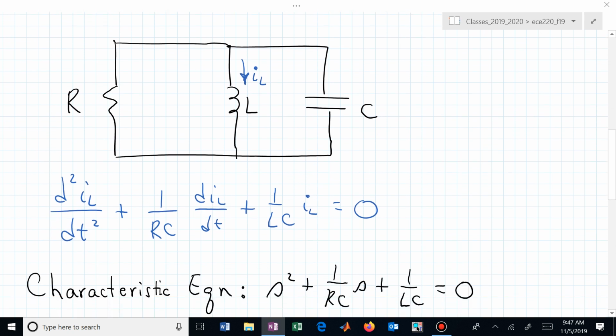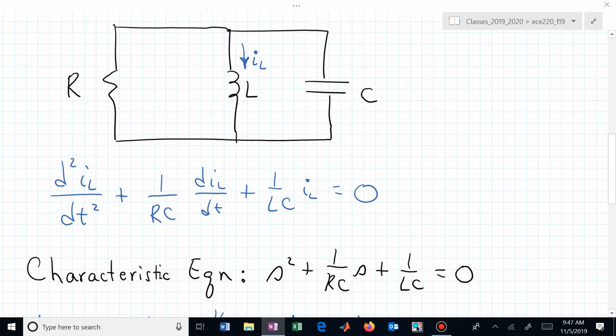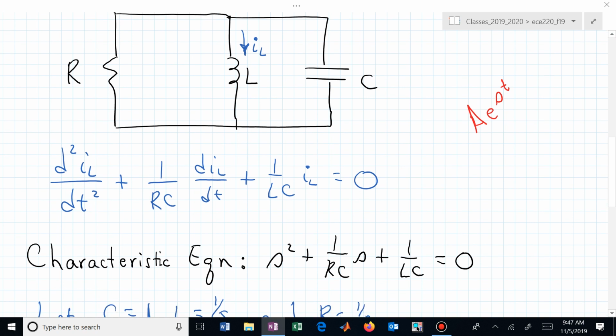We could then assume a solution structure of A e to the st, and we will then end up with S needing to satisfy this characteristic equation in the exponent e to the st to give us solution modes for that combination of resistor, inductor, and capacitor.